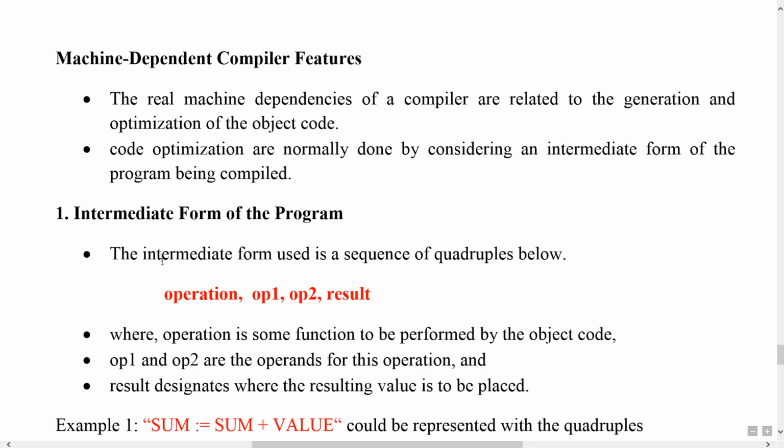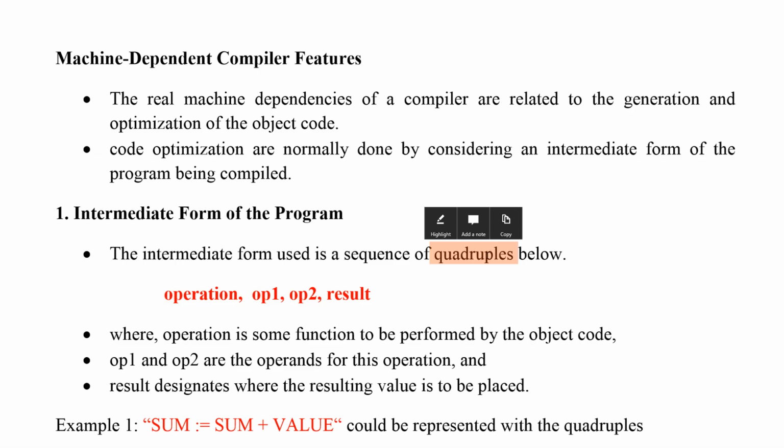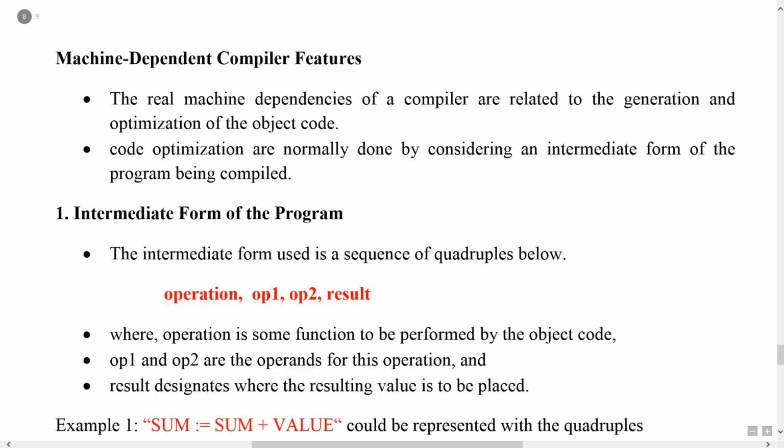One of the machine dependent compiler features is the intermediate form of the program. Normally, the program is represented in many intermediate representations. Here we are going to discuss one of them, the quadruples. Quadruples means each instruction is represented with four fields: the operation, operand 1, operand 2, and finally the result.